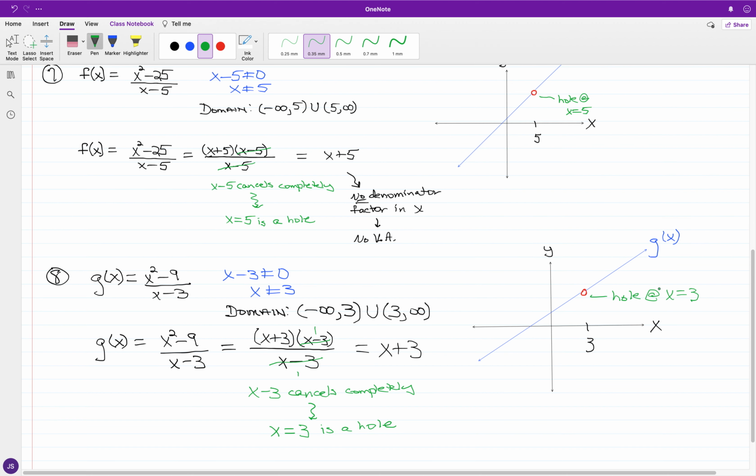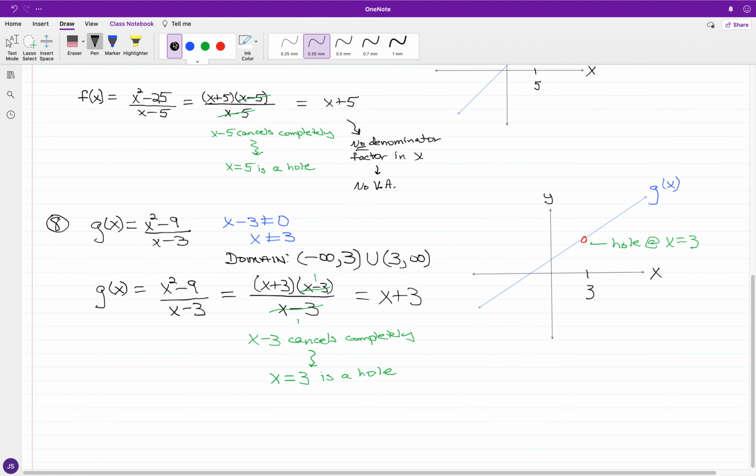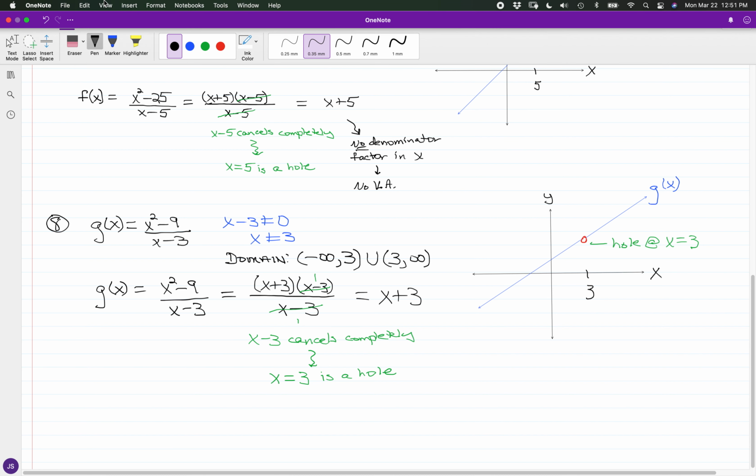All right. Now, neither number 7 nor number 8 had a vertical asymptote. Now, for the next set of items, we have number 17 and 18. Both of these functions will be in simplified form.